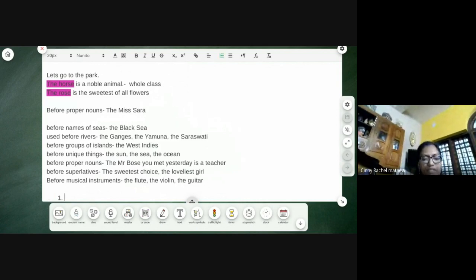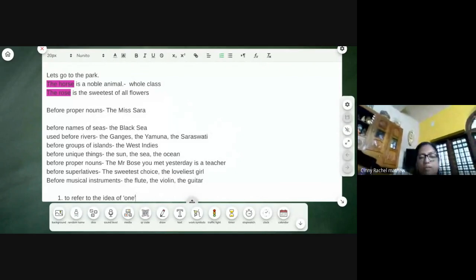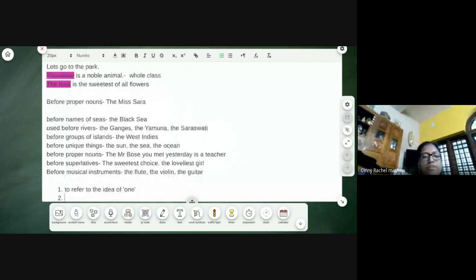We use the indefinite articles when we want to refer to the idea of one, single. When we want to refer to the idea of one or the idea of single, we use an indefinite article. There are examples for you here.